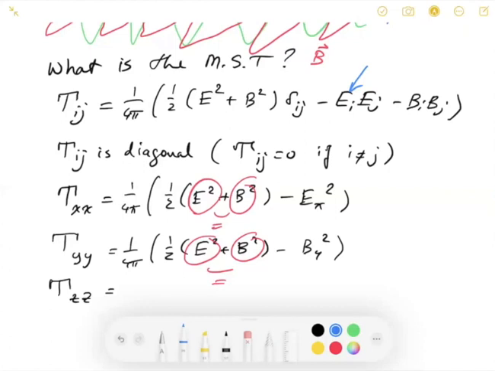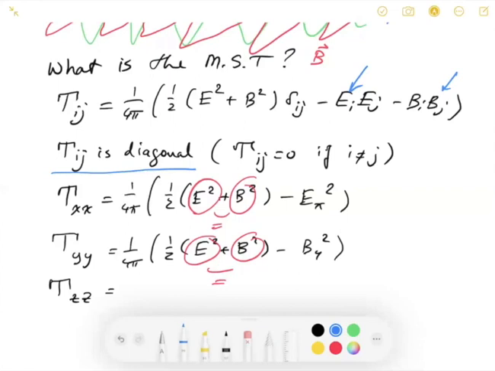The same thing holds for B. That's why these two terms disappear for anything that is not on the diagonal, and that's why I said it's diagonal. But what it does not mean is that when you're on the diagonal you can throw those two terms away, because they're important.